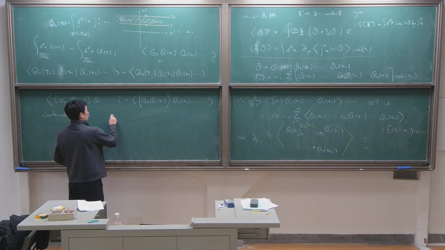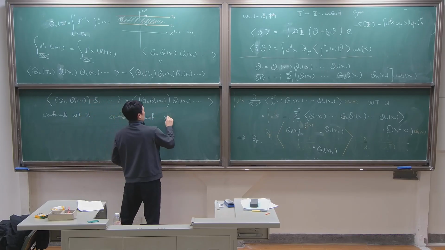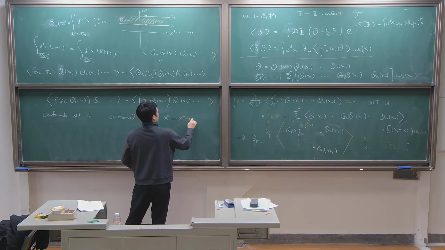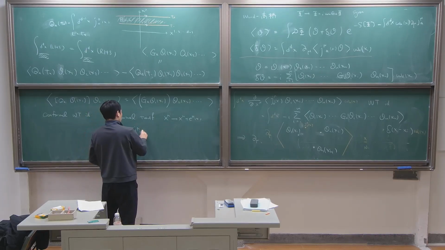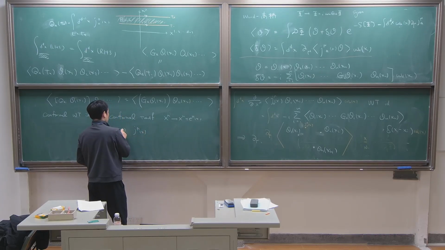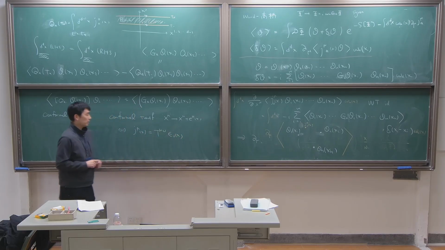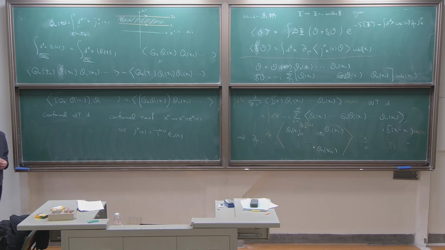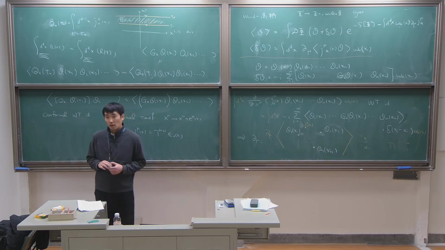As I mentioned, for the conformal transformation, x mu goes to x mu plus epsilon mu of x, and the Noether current j mu of x associated with this is T mu nu epsilon nu of x. So that's the Noether current. Then we apply this Ward-Takahashi identity to the conformal symmetry and see what is going to happen.